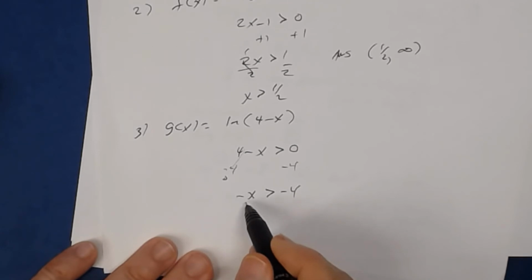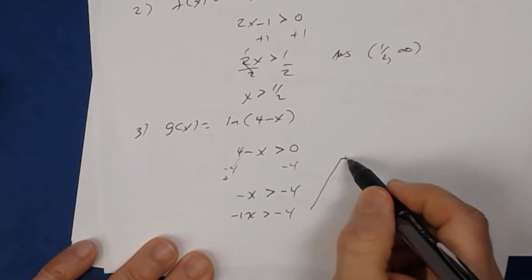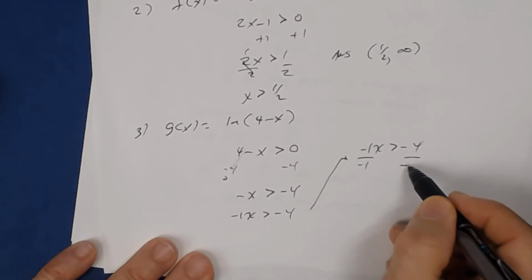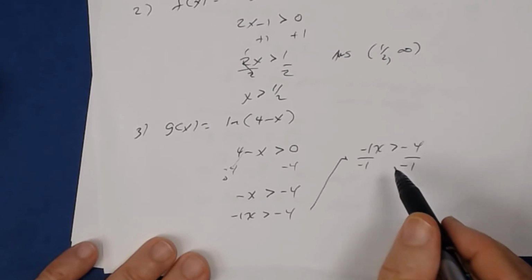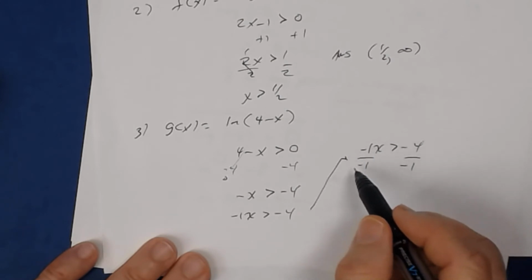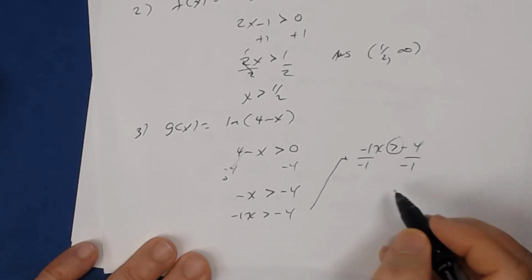Now remember, negative x means the same thing as negative 1x. Now how do you get x by itself? Well, you have to divide by negative 1. But remember from a previous course that whenever you divide or multiply an inequality by a negative number, you must reverse the inequality symbol.